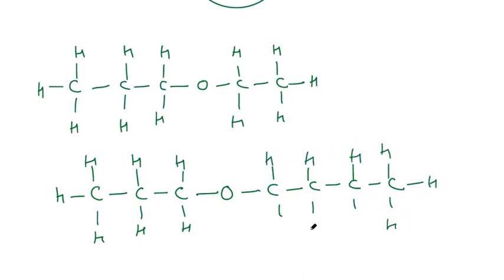You can see that oxygen is here, and on the right hand side there are two carbon chain, and on the left hand side there are three carbon. So oxy is added to the two carbon, meaning it is ethoxypropane. Name of this compound is ethoxypropane.